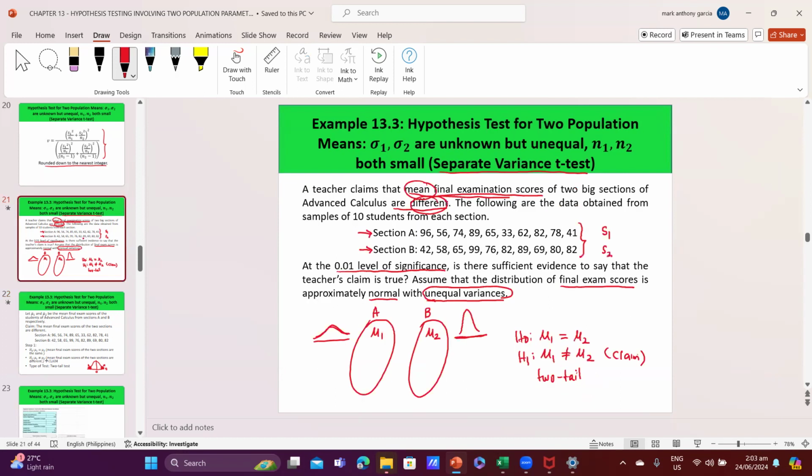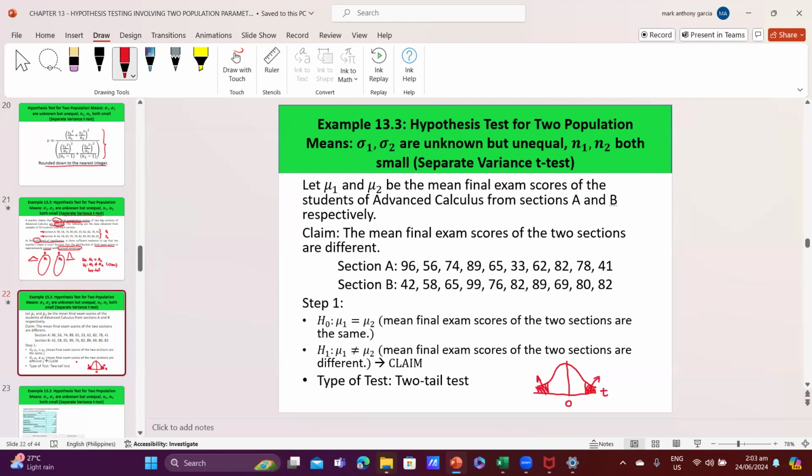Since our level of significance is 0.01, we shall divide that into 2, and that gives us 0.005 and 0.005 in both sides of this t-distribution. But as I have mentioned, our critical values here in this graph will be computed from our PHStat output.